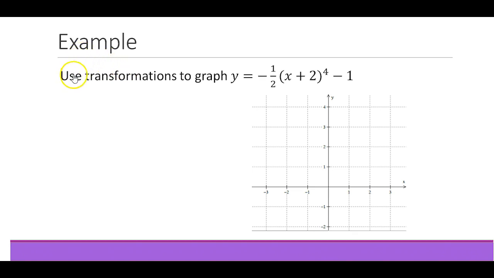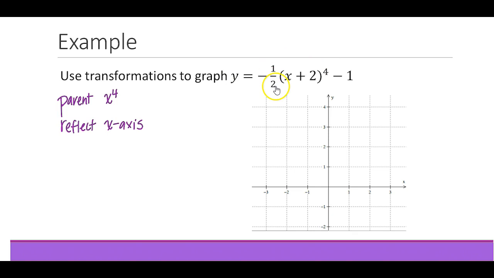In this review example, we're going to use transformations to graph y equals negative 1/2 times the quantity x plus 2 to the fourth, minus 1. So the only part that's really new here is that our parent function is x to the fourth. So we're going to identify the parent function as x to the fourth, and let's identify the transformations. The negative in the front is going to reflect over the x-axis.